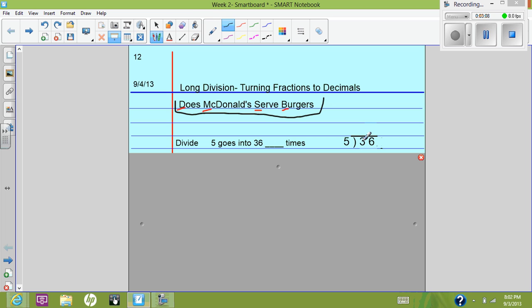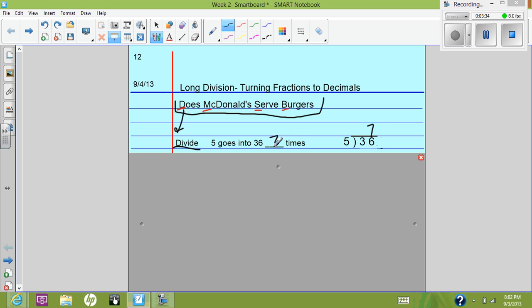So here we go. We have 36 divided by 5. And on the back of that first flap on your cheeseburger, you should see this sentence: 5 goes into 36 blank times. This is the first step of your long division using the traditional algorithm. It is the divide step. Remember, D stands for divide. And 5 goes into 36 a total of 7 times.